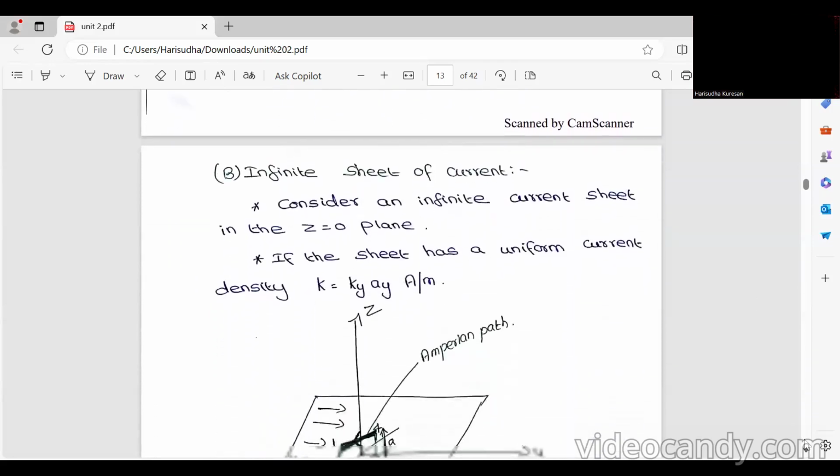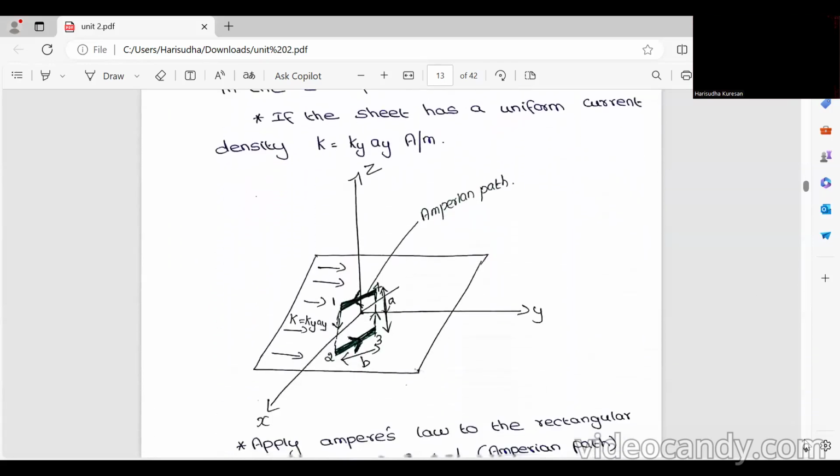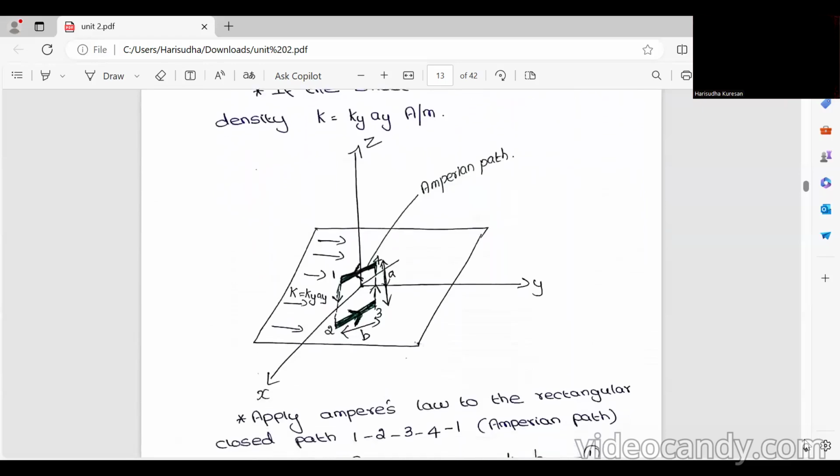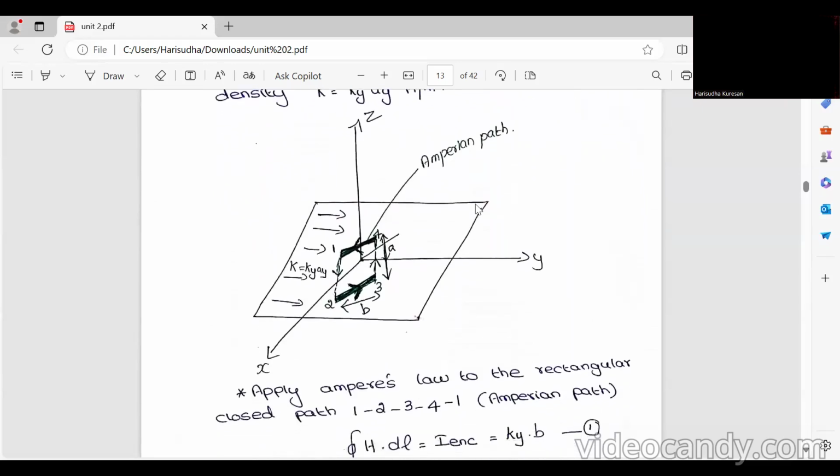So the next application is the infinite sheet of current. Here, see this diagram. You're considering an infinite sheet in the Z plane.